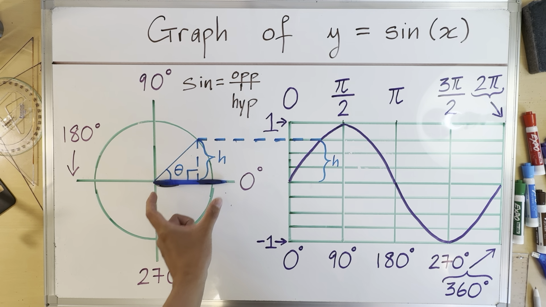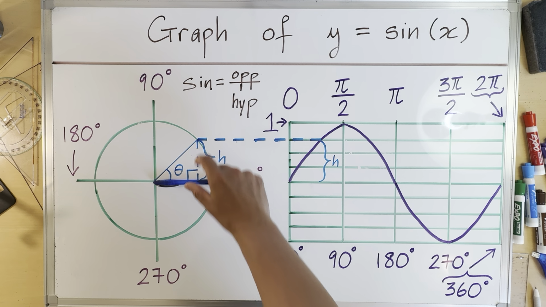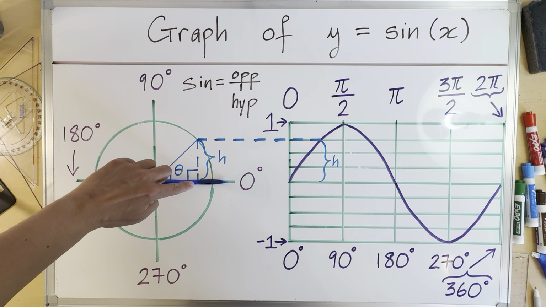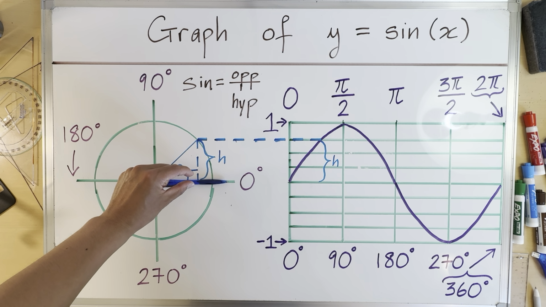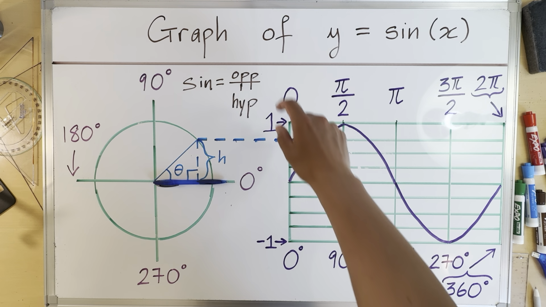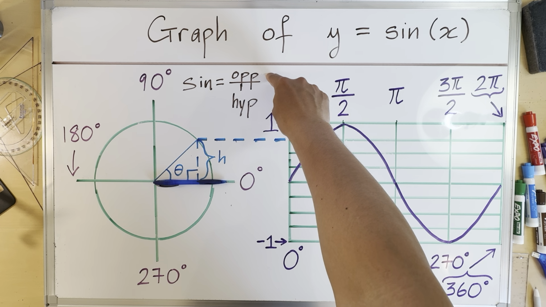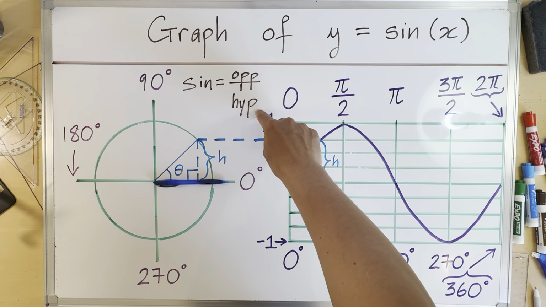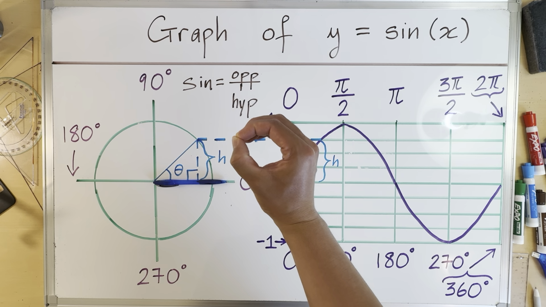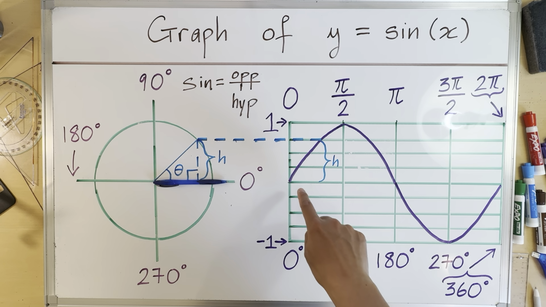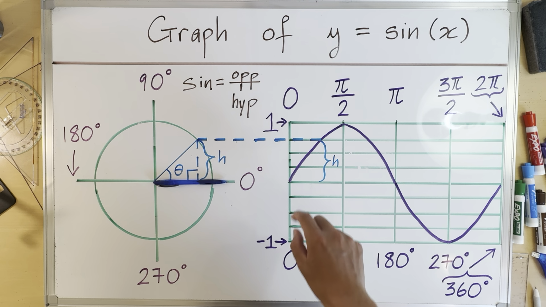However, the opposite side, which is from this point to this point, is 0. And 0 divided by anything gives us 0. And for that reason, the graph starts right here at 0, 0.